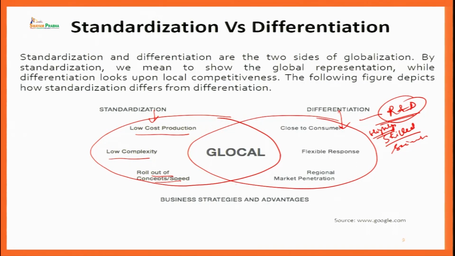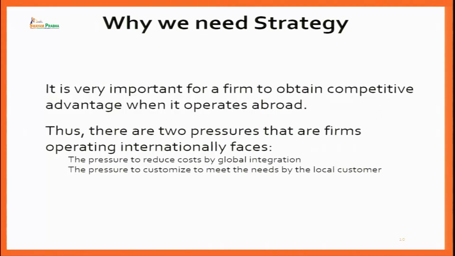So you have to take a call whether to go for standardization or differentiation, or to find a better situation of local. That means rather than standardizing or differentiating, I will try to provide the product which matches the taste and preference of the market. That means globalization, which is very well performed by MNCs, multi-domestic companies or multinational companies.